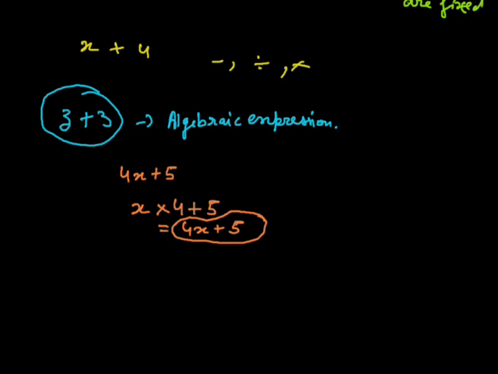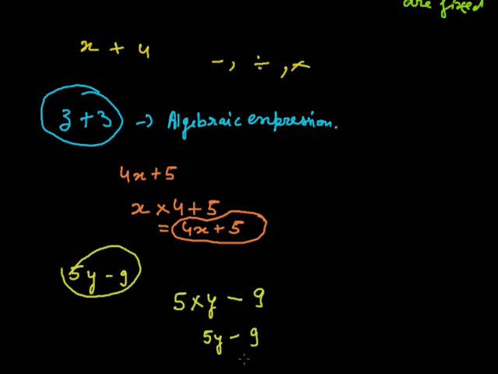Similarly, if I write 5y minus 9, then this expression is obtained when I multiplied 5 by the variable y and subtracted a constant 9 from it. Thus, I obtain 5y minus 9, which is an algebraic expression.